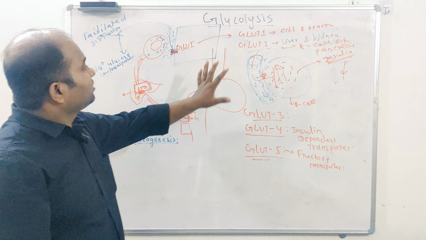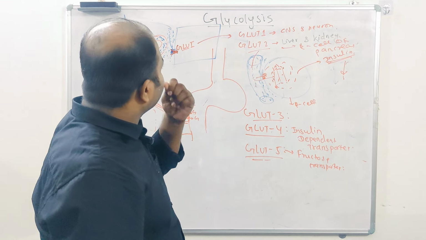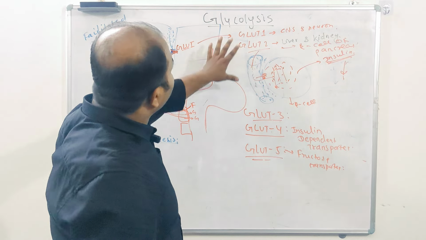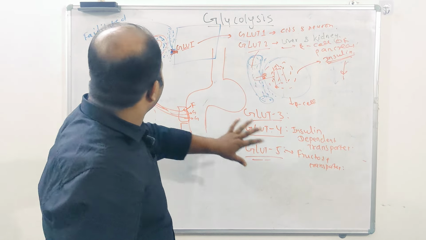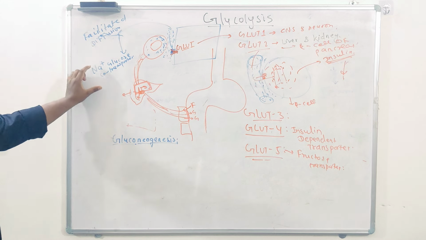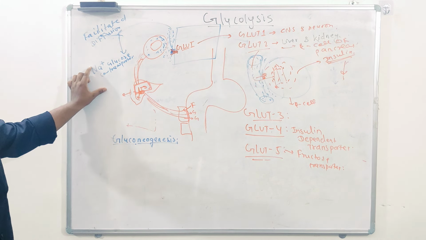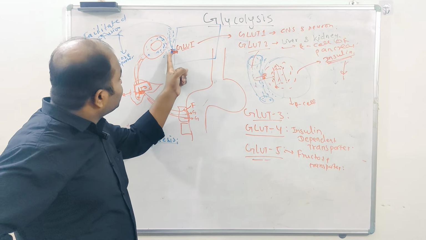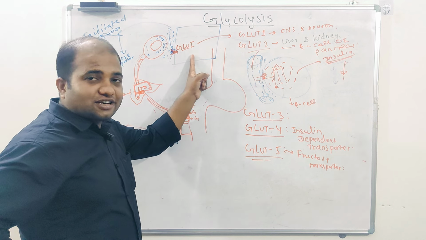So this is the kind of glucose transporter overview. With the help of these transporters, facilitated diffusion and sodium glucose co-transport, glucose from the interstitial space reaches inside the cells.